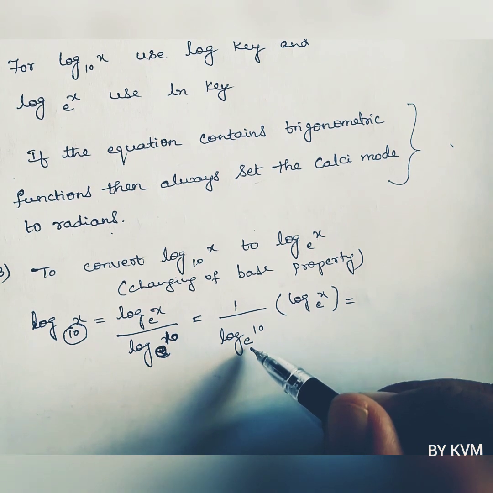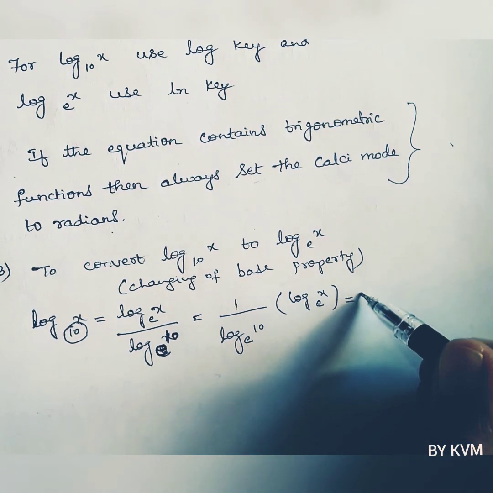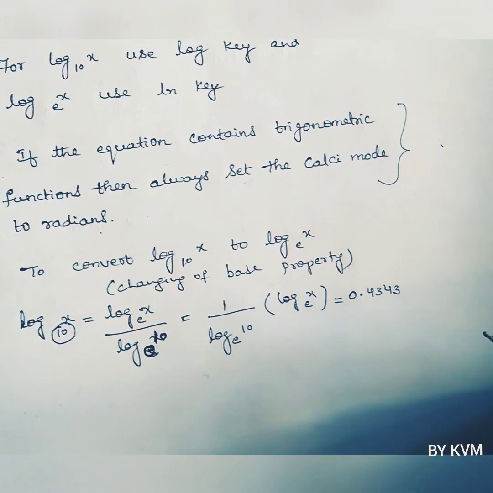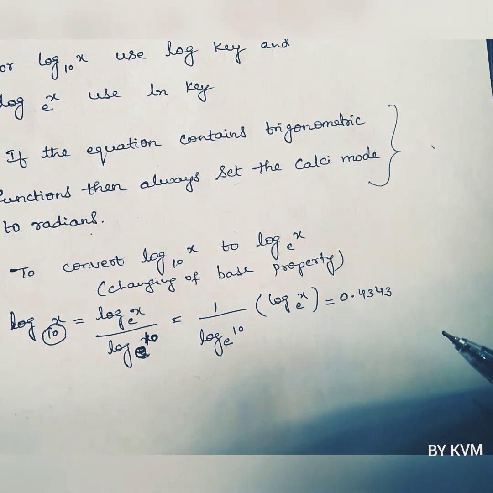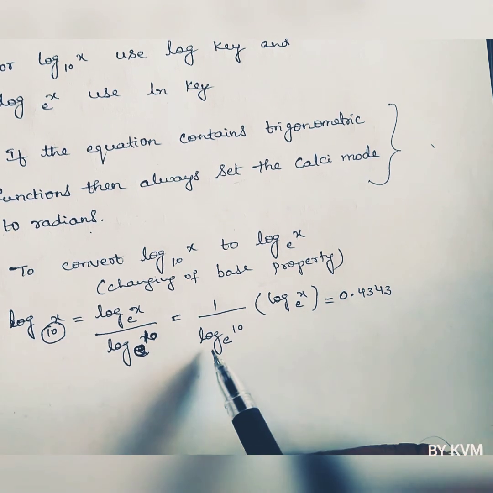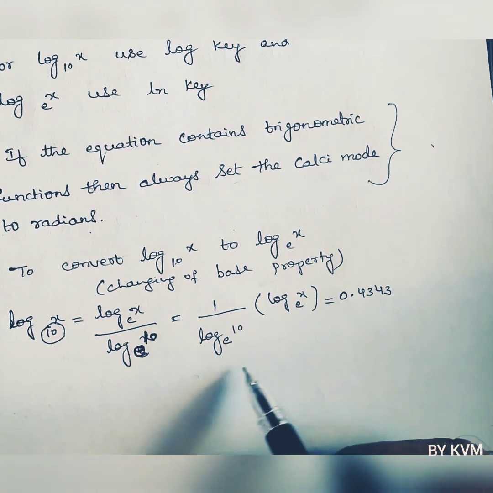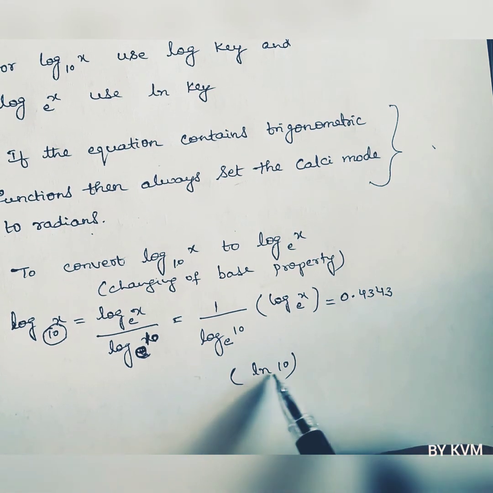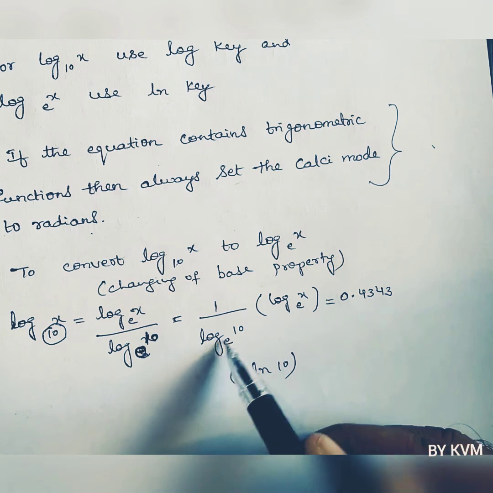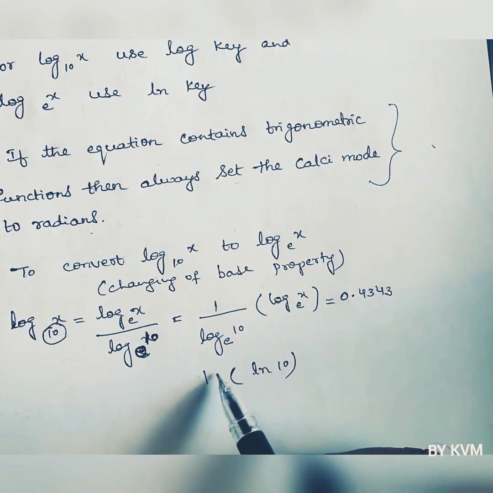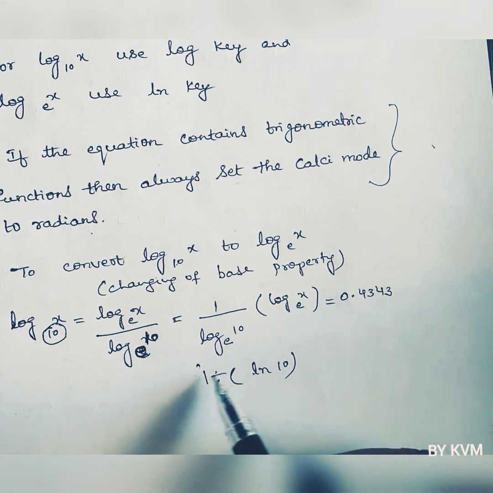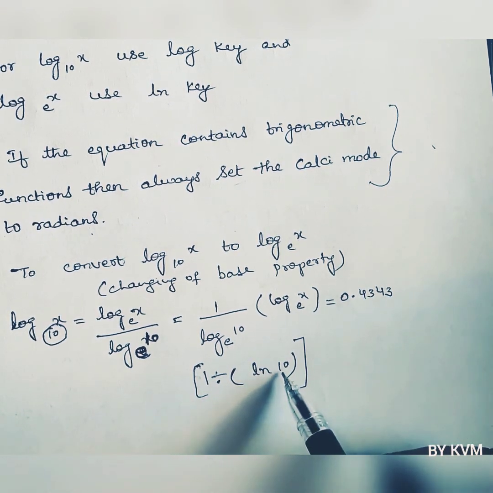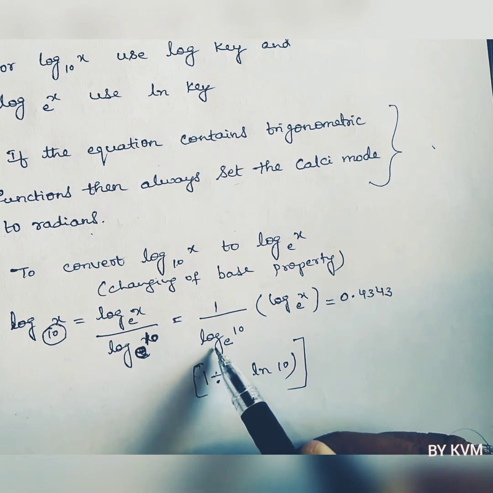If you type it in the calculator, we get 0.4343. Log 10 to the base e is ln 10, so in the calculator you type 1 divided by ln 10, where ln 10 stands for log 10 to the base e.